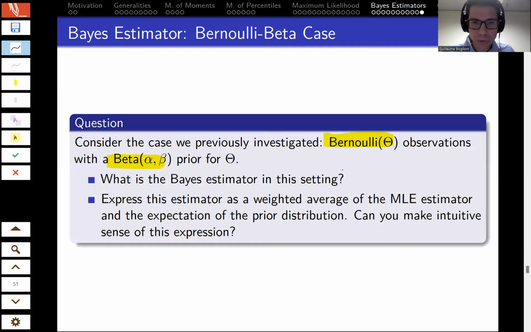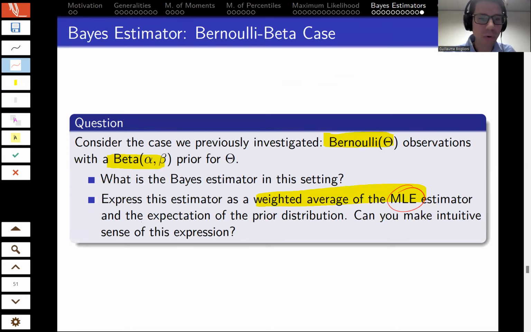Now, here there's also another question. Can you express this estimator as a weighted average of the MLE estimator? In the frequentist approach, where theta is seen as a fixed quantity, if you record a sample of successes and failures, you can estimate theta in the conventional way.